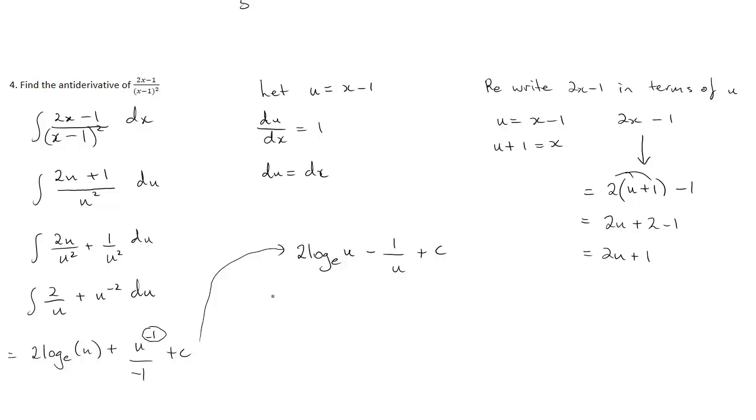And so sub in u being equal to x minus 1, and so we've got 2 log e of u minus 1 over x minus 1 plus c. So that's our expression there. Okay? So that is the antiderivative.